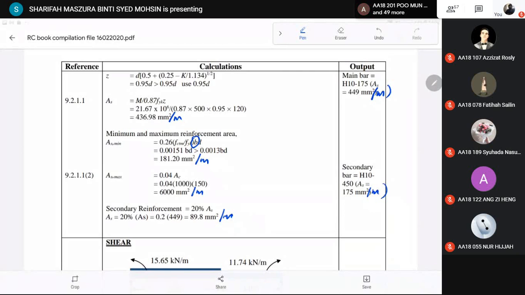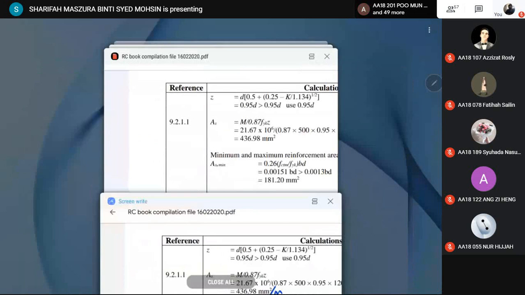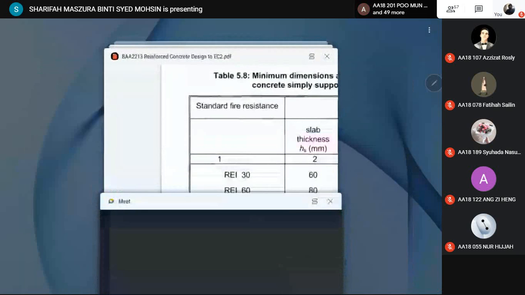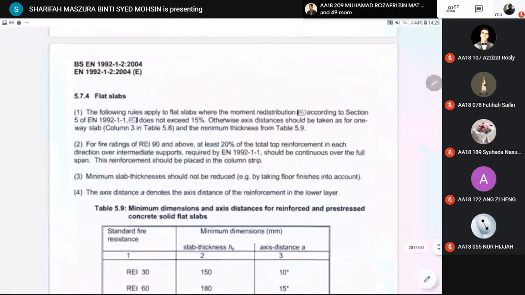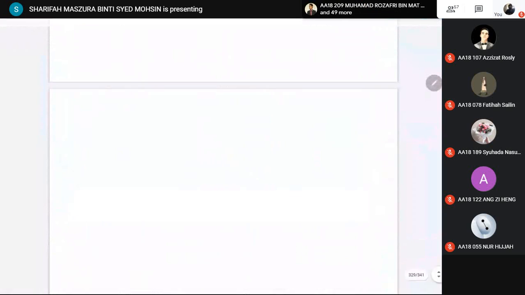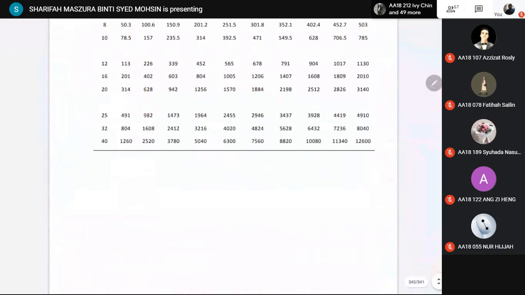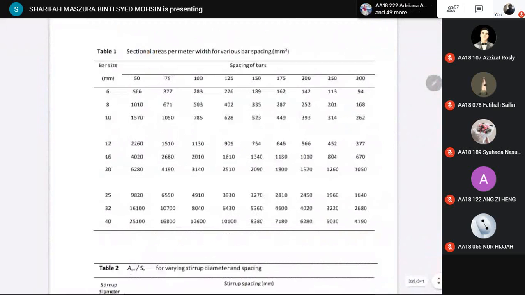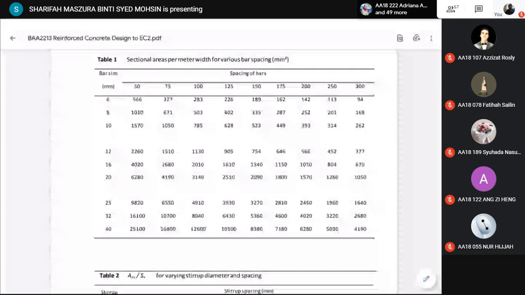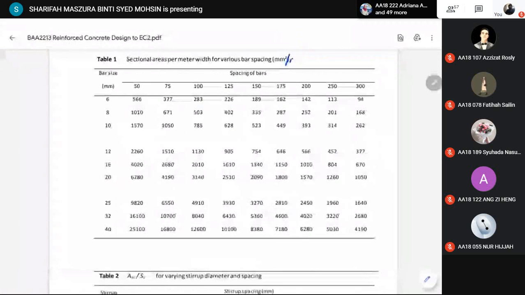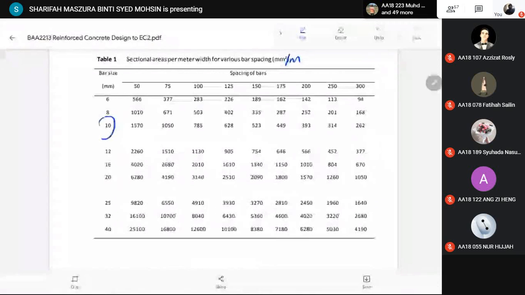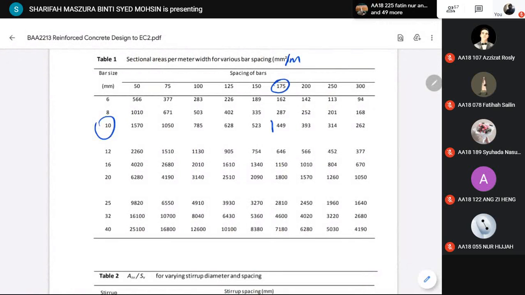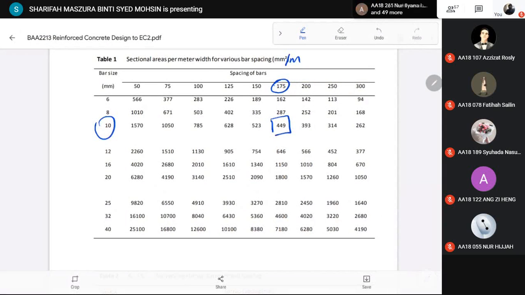H10 at 175 is provided, in which As provided is 449 millimeter square per meter.